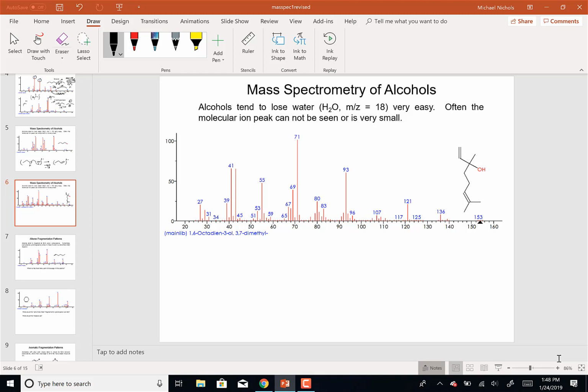So 154 minus 136 is 18. So what's the 136 look like? So you're going to do what I just did. Use water. Hydrogen from the beta carbon to the alpha carbon of the OH.